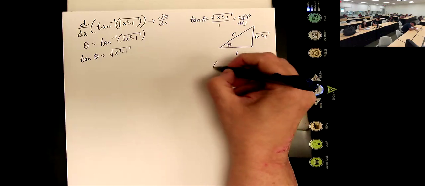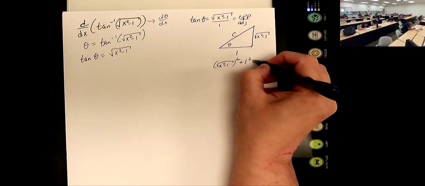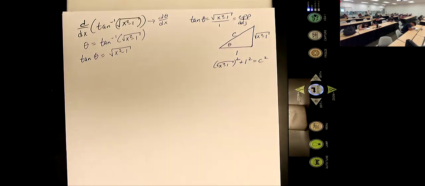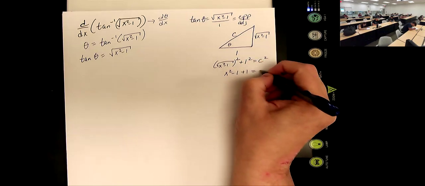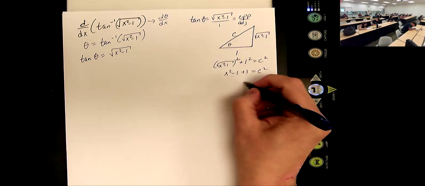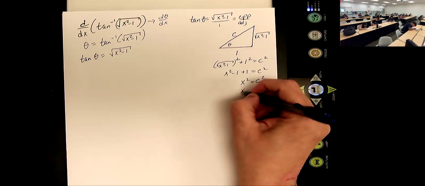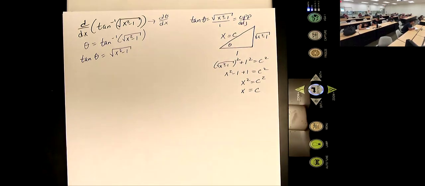So the square root of x squared minus one, squared, plus one squared equals c squared. This is x squared minus one plus one equals c squared. So that's just x squared, which means x equals c. Technically, you get plus or minus when you're taking the square root, but we're talking about the length of the side of a triangle, which can't be negative, so c is just x. We got our triangle, now we can do the fun derivative stuff.